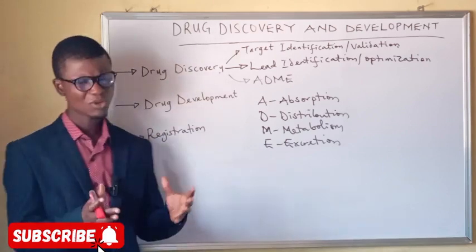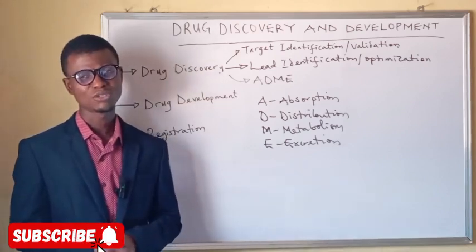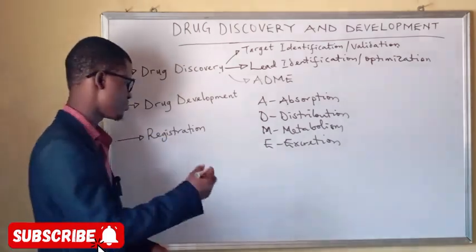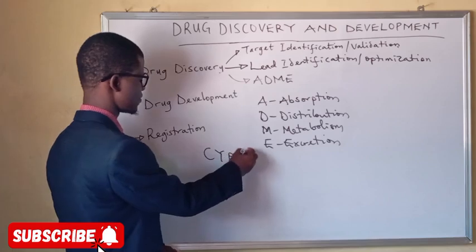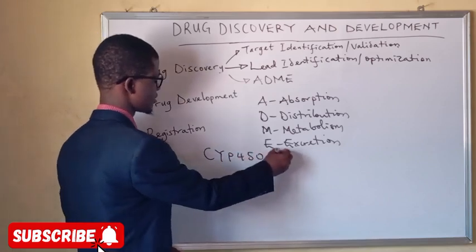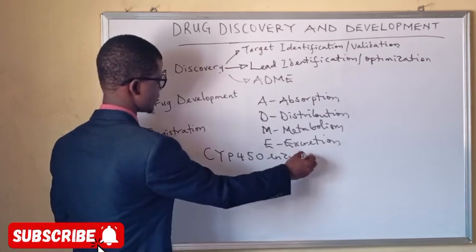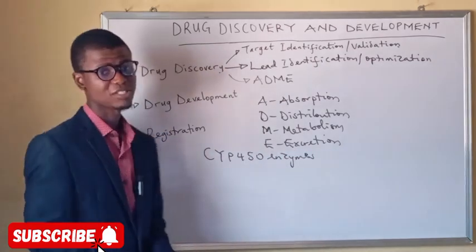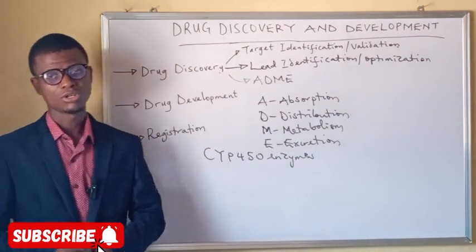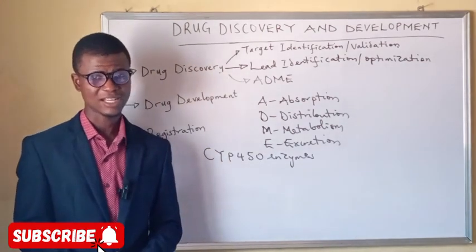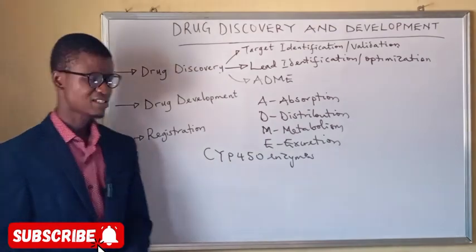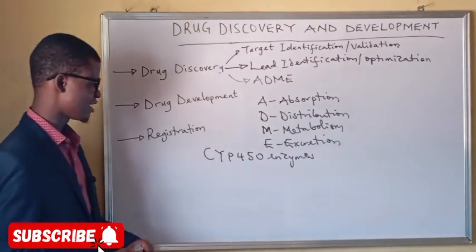Now, what happens in the liver is we have a group of enzymes called the CYP450, that's the cytochrome P450 enzymes. They are a very important class of enzymes which are responsible for the biotransformation, or in other words, metabolism of drugs in the body. There are a number of them.